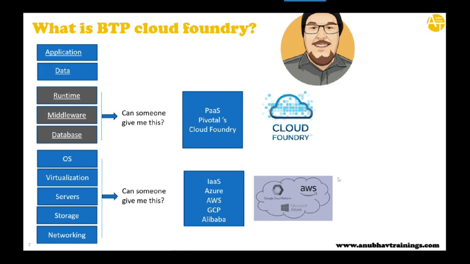BTP is a platform as a service which leverages the open source platform from Pivotal called Cloud Foundry to help you, the developer, and the development team to design, develop, manage, package, build, and deploy end-to-end cloud applications without much effort. So what you get is a great time saving.